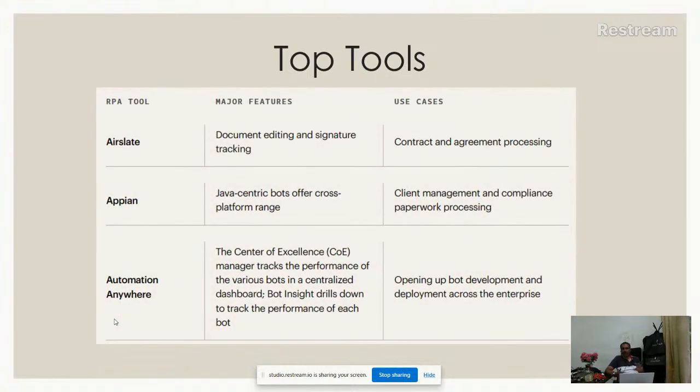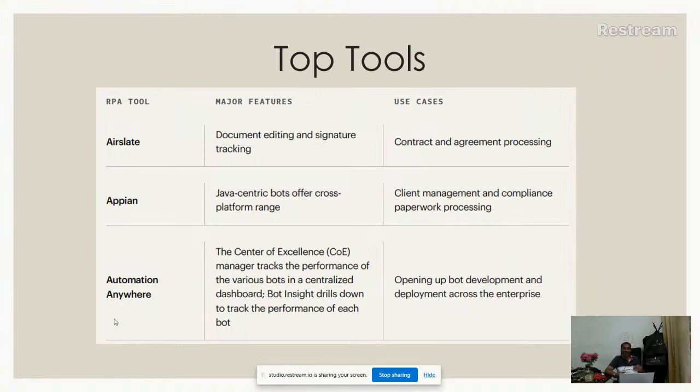Here I have shown some tools which are being used. Of course, this is alphabetically ordered. So these are the vendors, and you can see what are the features and use cases. For example, Automation Anywhere is one of the popular tools. The Center of Excellence Manager tracks the performance of various bots in a centralized dashboard.